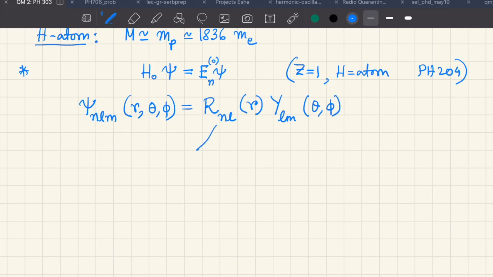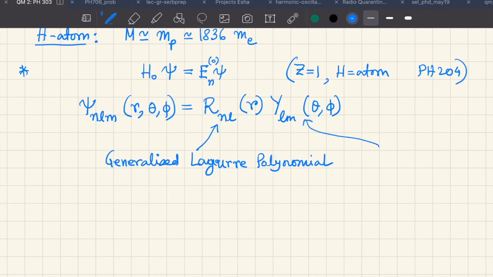If you remember, these R nl of r had a name, and they were called the generalized Laguerre polynomials. So these were the polynomials. The differential equation corresponding to the radial variable gives you a polynomial, and that is the Laguerre polynomial, and Ylm theta phi, as already known from your central force problem in quantum mechanics, are the spherical harmonics.